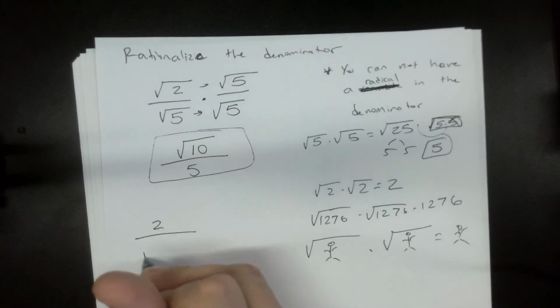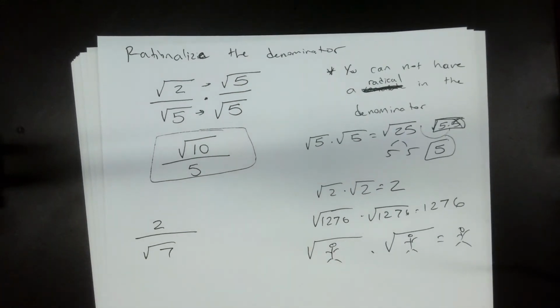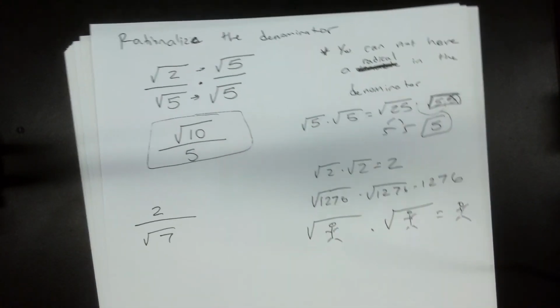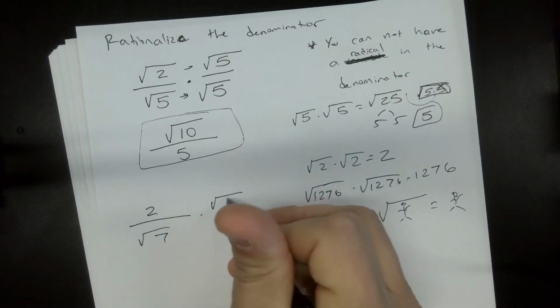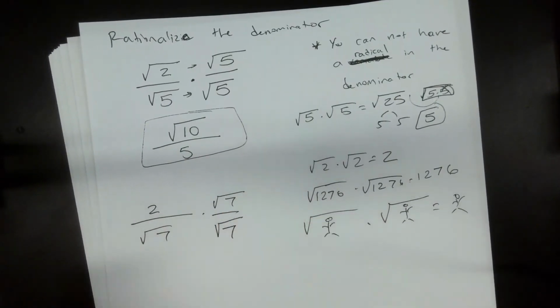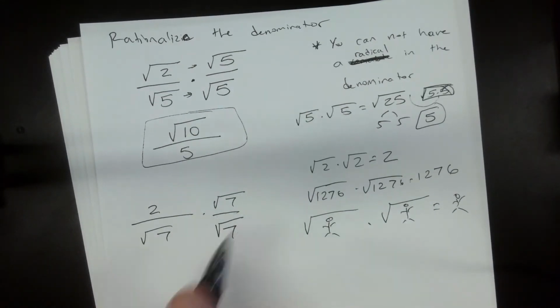2 over the square root of 7. Now, we're going to times the top and the bottom by square root of 7. So what's 2 times the square root of 7?